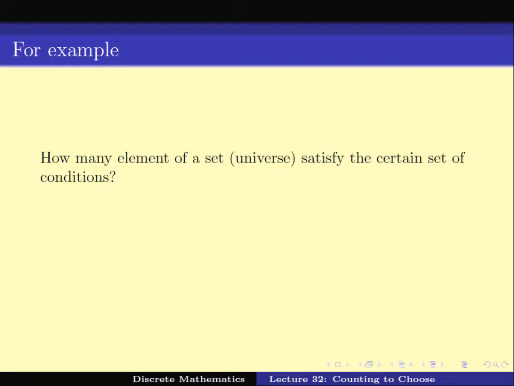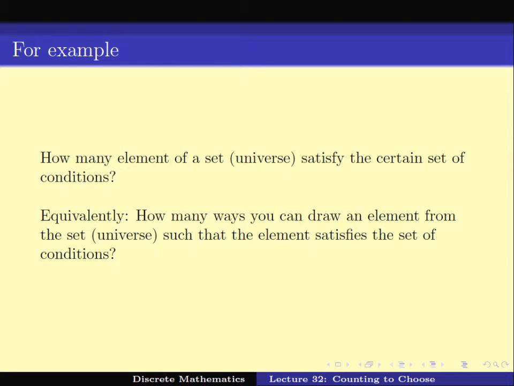And that is what we want to ask. Equivalently, the same question can be phrased in a different way: how many ways can you draw an element from the set such that the element satisfies the set of conditions? So these are two exactly same things.